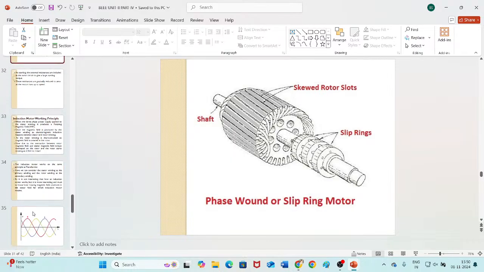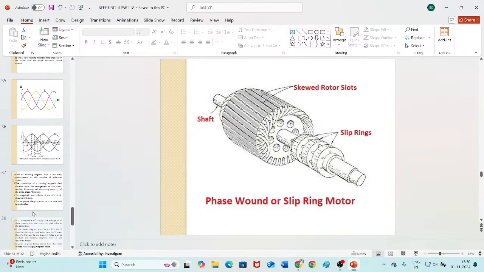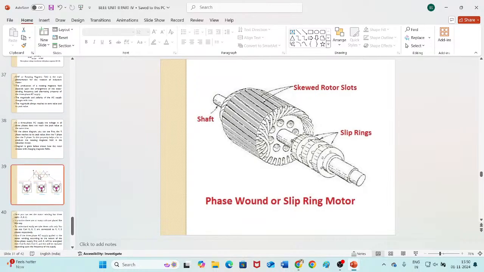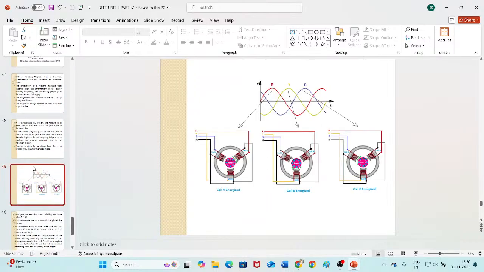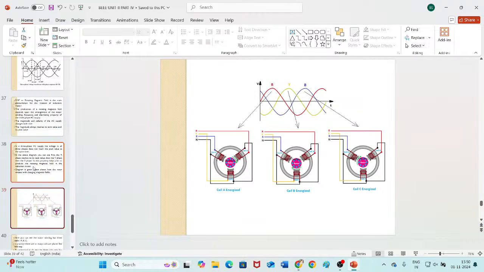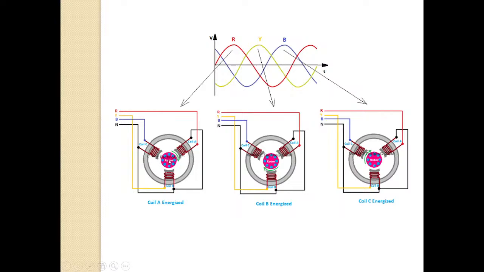Let us see the working principle of the induction motor, how it operates, in detail. If you see this image, I will just expand it. This is our rotor. You can see three poles in the stator.